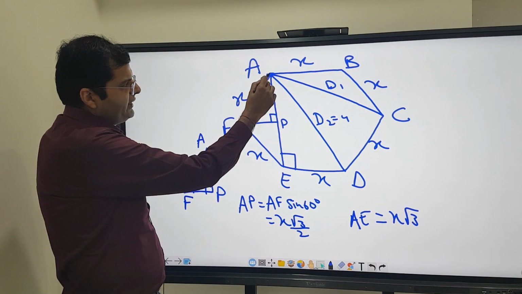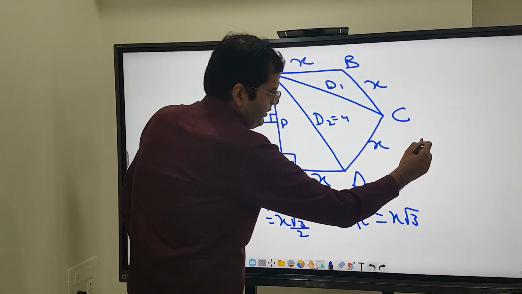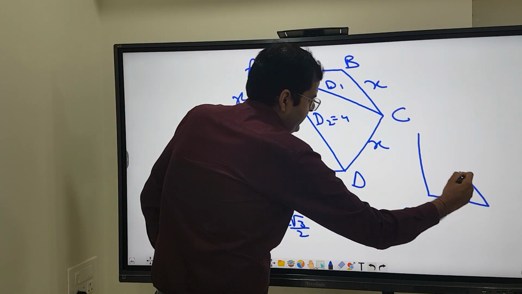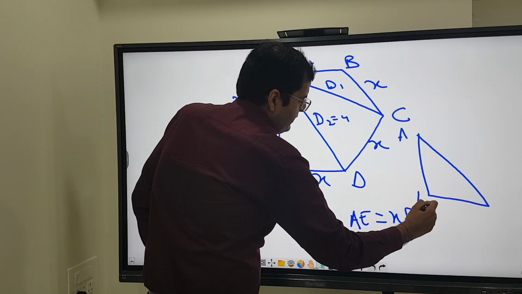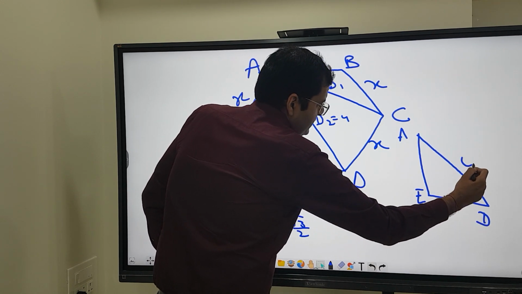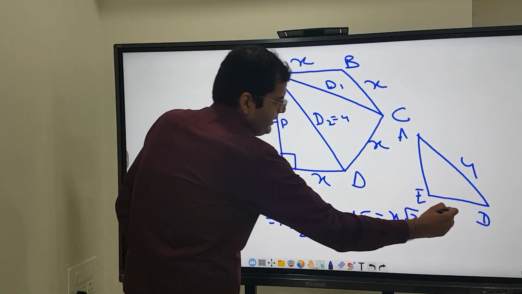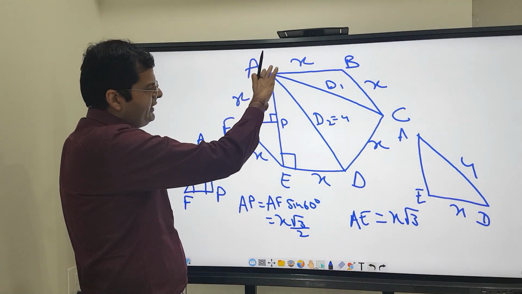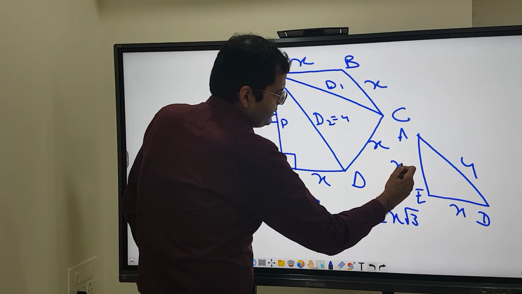So now if you look at triangle AED, I'll draw it here. This is a right angle triangle AED. AD is given to be 4 centimeters. ED is x, and AE we have figured out is x root 3.